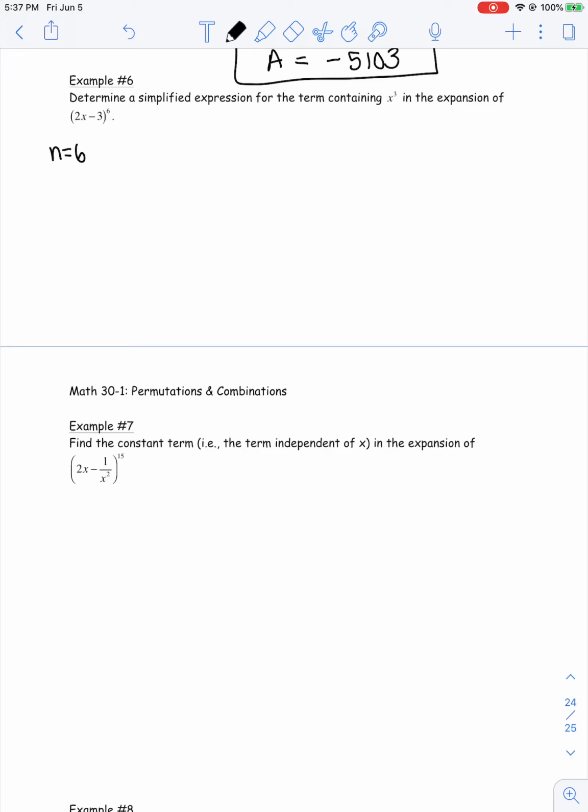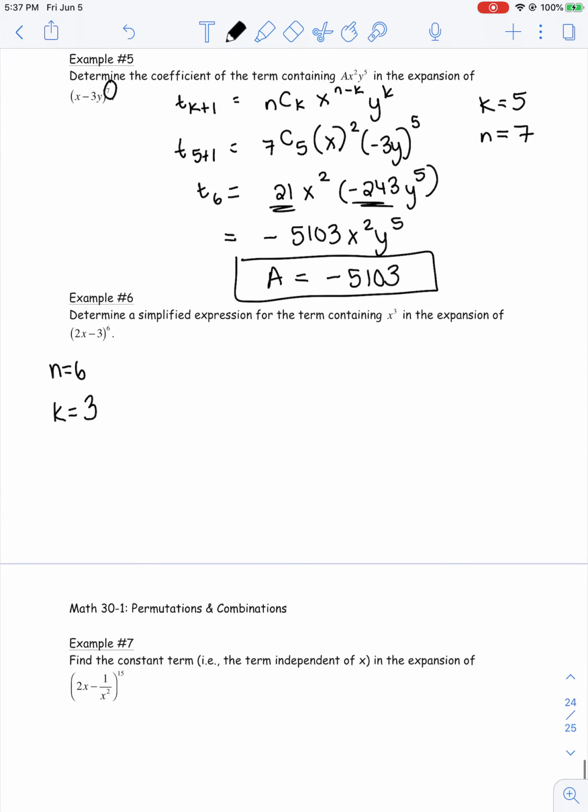So something minus another thing will have to give us 3. Well, that's what our k value is. So remember, it's always going to be n minus k equals the power for x. Well, 6 minus 3 is the only way that we can get 3 as a power of x. So we already know now that k is 3.